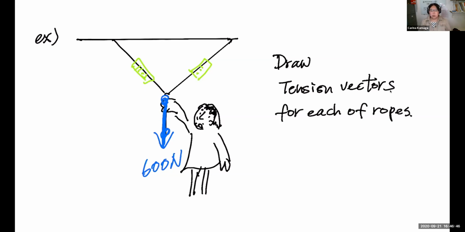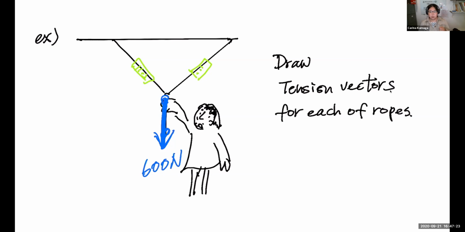So how to find the tension vectors after I draw this? First of all, I approximate 600 Newton. I say this blue arrow here is 600 Newton, so this length is the 600 Newton downward. When you hear you have to draw tension vectors, what else do we know? What's the direction of tension force?